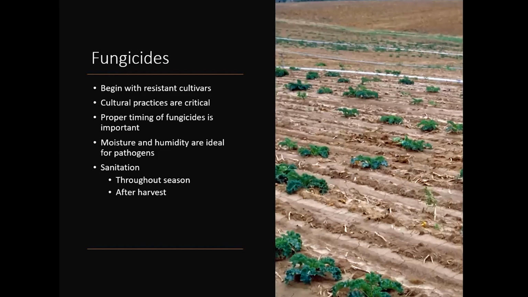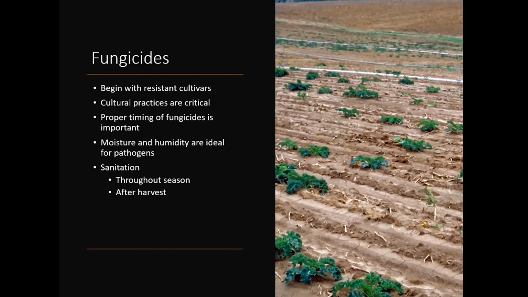All right, so maybe some of you have been a little bit antsy because I haven't talked about fungicides yet. This is not a fungicide talk. So before using fungicides, or even if using fungicides, you still have to consider cultural practices. All of the things I talked about that I wove into the disease triangle topics, those still apply whether you're using fungicides or not. Always begin with resistant cultivars if they're available. Using cultural practices, in particular sanitation, time.